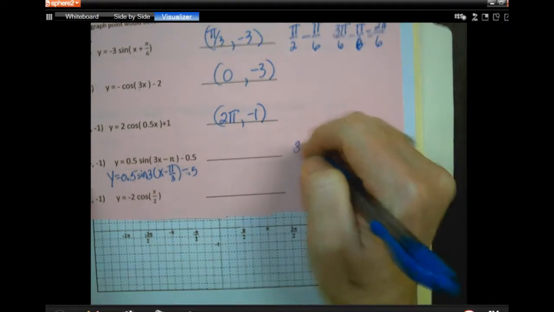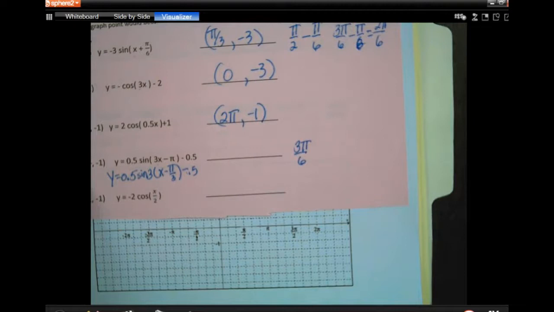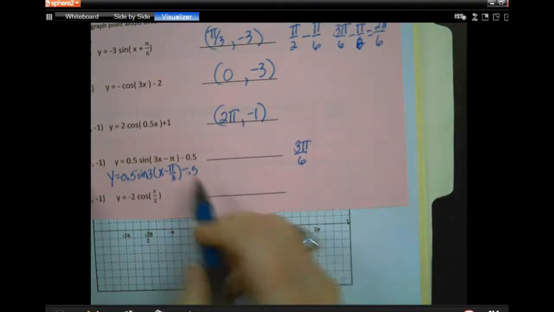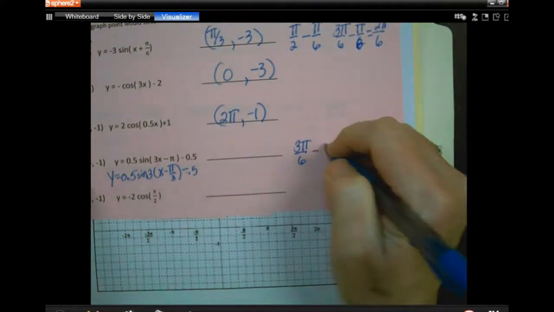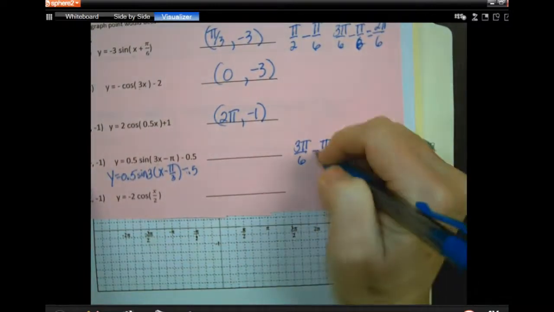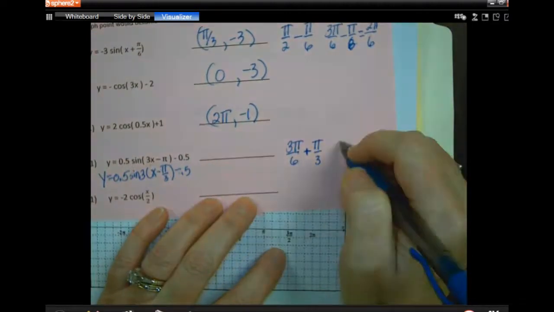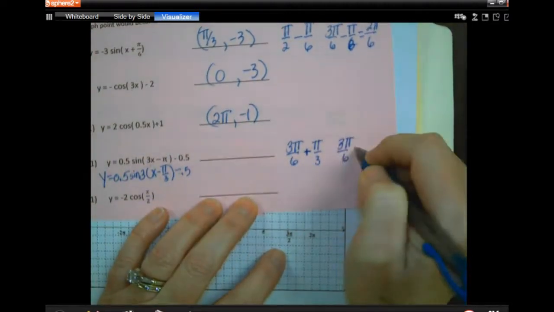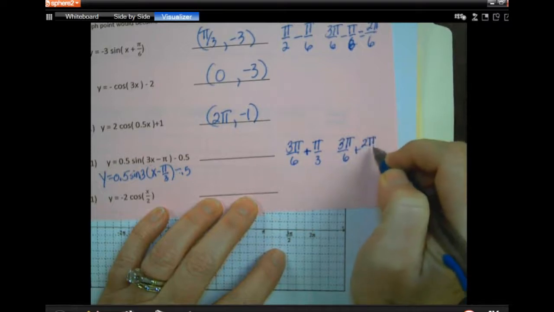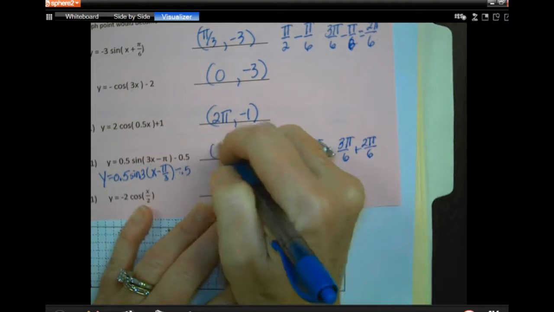So you get 3 pi over 6. And now I want to subtract the pi over 3, or add it. So this is 2 pi over 6. So I get 5 pi over 6.